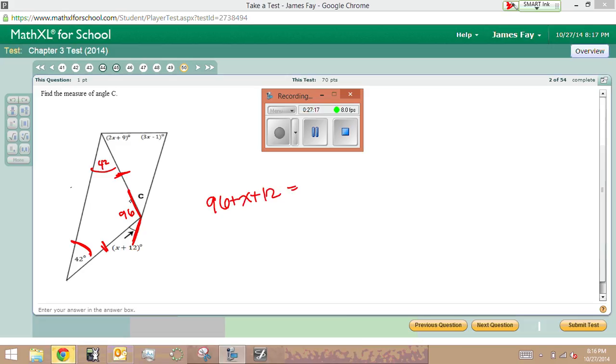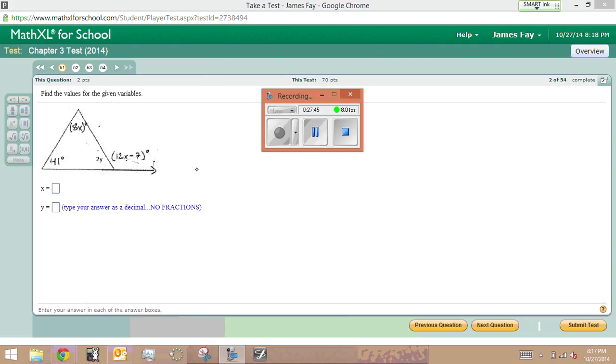That's an exterior angle, and those are two remote interior angles. So I can say 96 plus x plus 12 is equal to 2x plus 9 plus 3x minus 1. We're going to solve that equation for x to get the correct answer. But again, I did give everybody that question correct. Next.